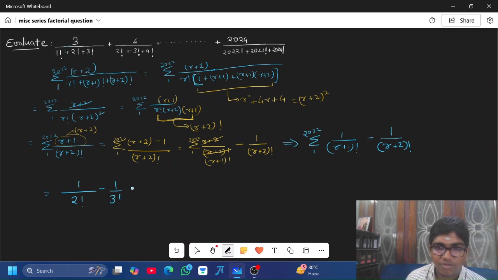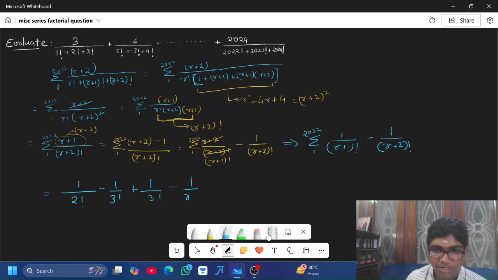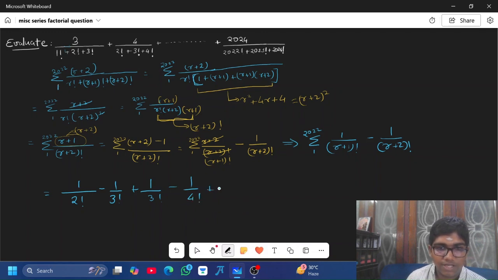Plus, at r equal to 2, 1 by 3 factorial minus 1 by 4 factorial, and so on, till 1 by 2023 factorial minus 1 by 2024 factorial. Now let's cancel these terms. It goes on cancelling till you reach the last term.